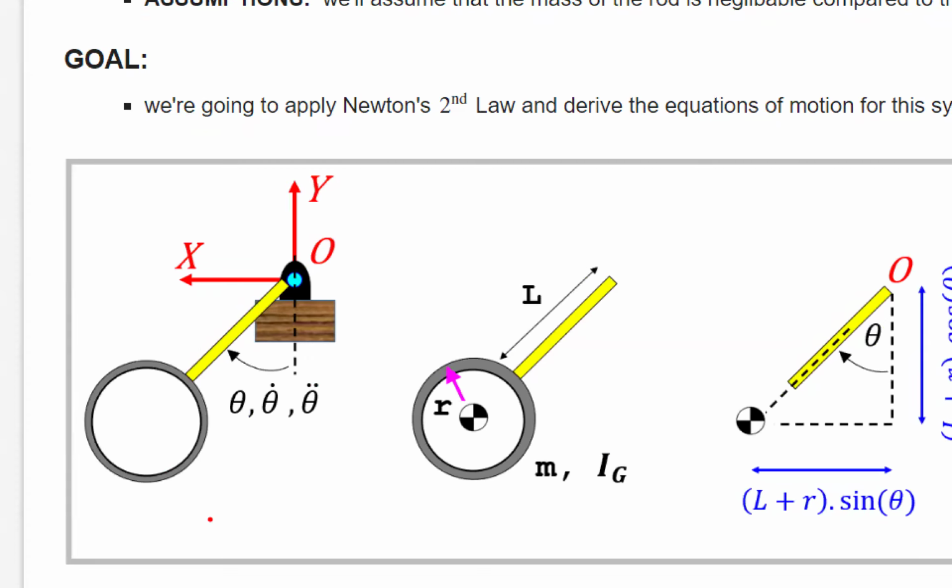The pendulum is made up of a circular tube, a pipe. That pipe has a mass and it has a moment of inertia about the center of mass. We're going to assume that although there is this additional strap length, this yellow length, its mass and inertia can be ignored.